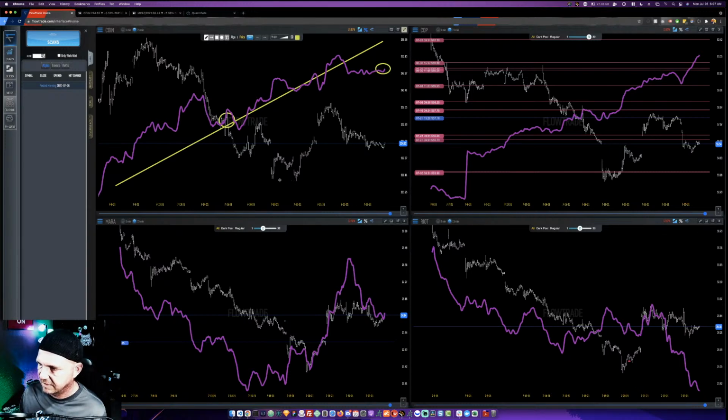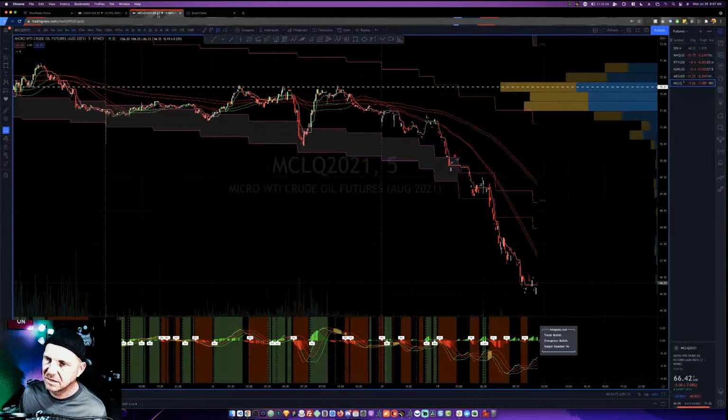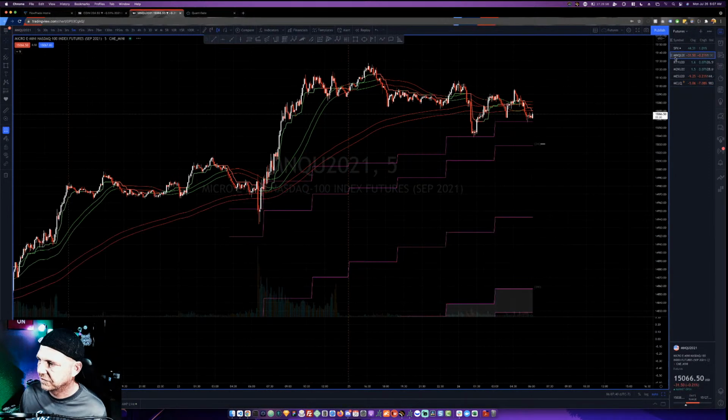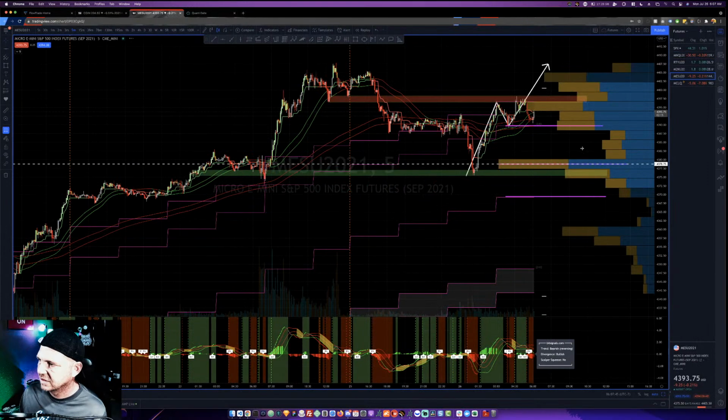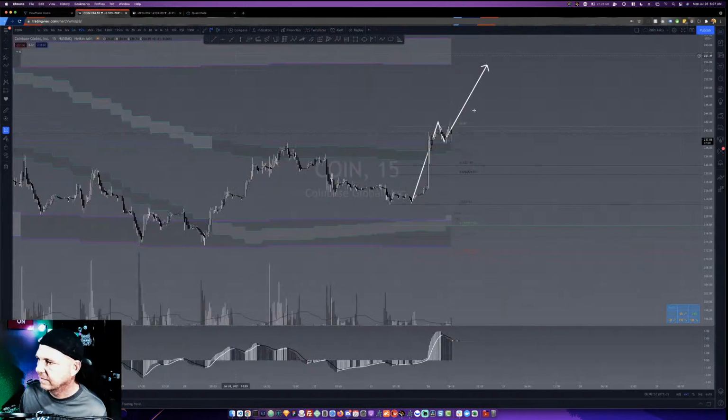We've got a little bit of base of support here. Nice little wedge. So I'm keeping an eye on futures. Like I said, it was going to bounce off of this level here, which it has, which is good. 256.